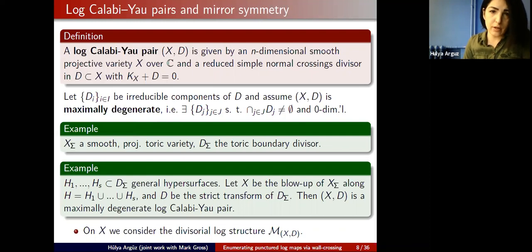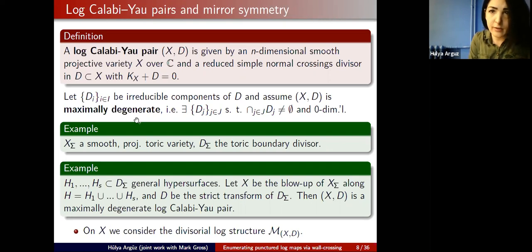If you fix general hypersurfaces H_1 to H_s in the toric boundary divisor of a toric variety, and you blow up this toric variety along these general hypersurfaces, then you obtain a natural log Calabi-Yau pair given by this blow-up and taking the strict transform of your boundary divisor. This gives a maximally degenerate log Calabi-Yau pair, and we will be interested in computing punctured log Gromov-Witten invariants of such pairs, and we consider the usual divisorial log structure always whenever we talk about log Calabi-Yau pairs.